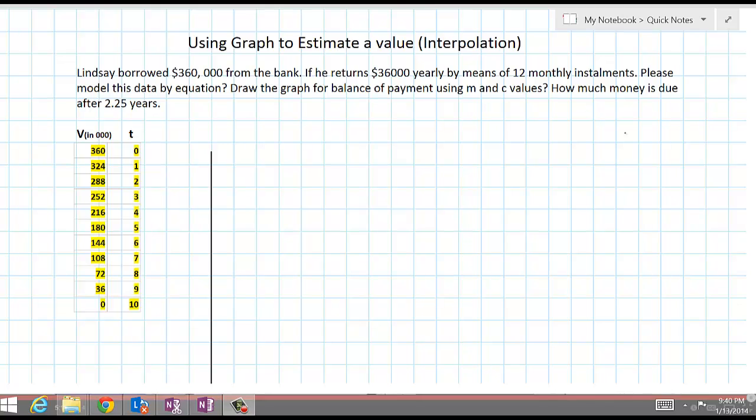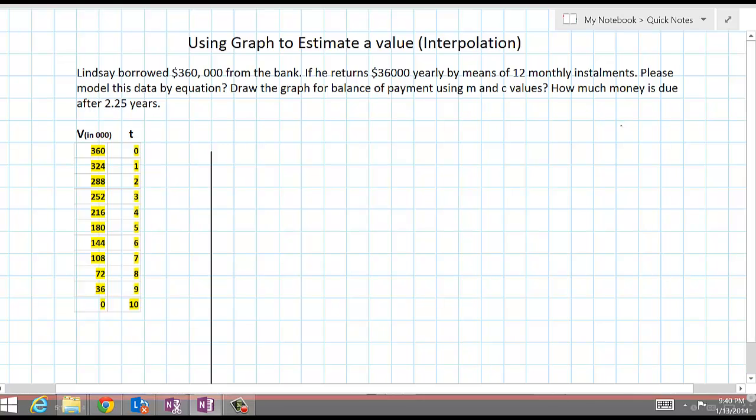Against 0 value of the independent variable, which is T here, and it will be plotted along the x-axis, the value of the dependent variable is called C. Here, if T is the independent variable, then 360 is the C value.